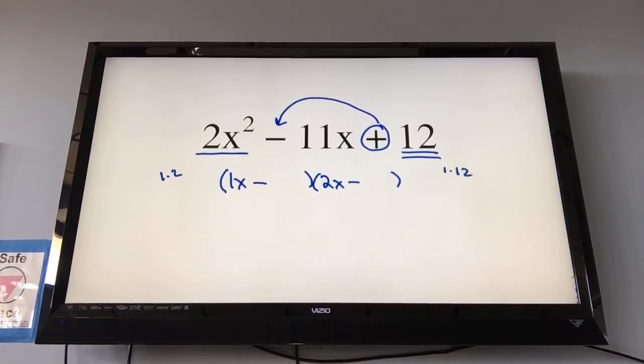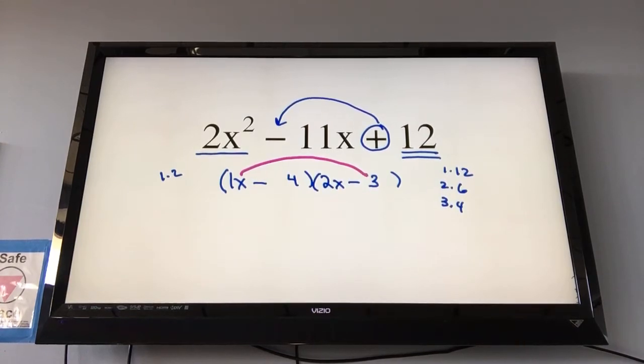And then 12 has 3 choices. Again, you don't have to write your choices down unless you want to. If it's helpful, write them down. If not, don't write them down. I personally would pick an odd even pair. It doesn't mean I'm right, but that's what I'm going to start with. So I go with 4 and 3. And I check these by doing outer times outer.